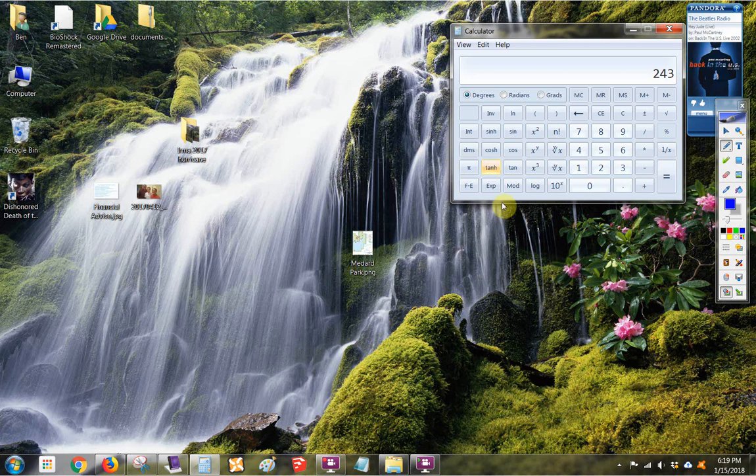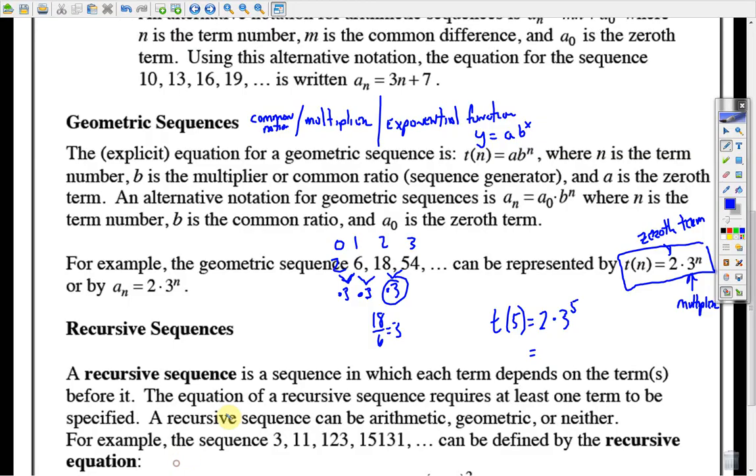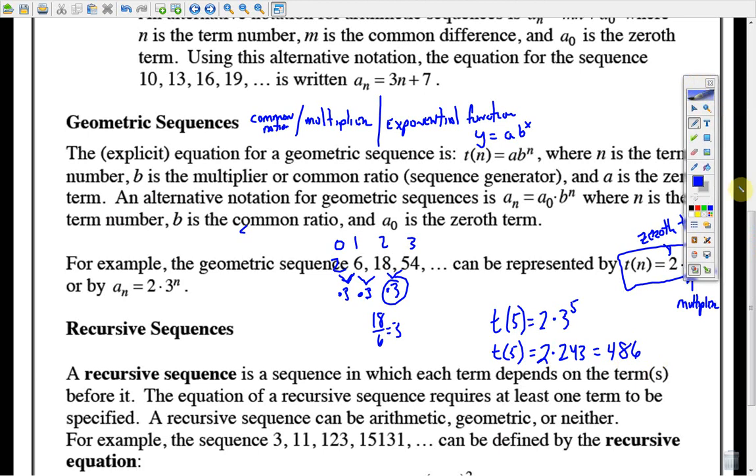It's 243. So twice that would be 486. So our 5th term here is going to be 486.